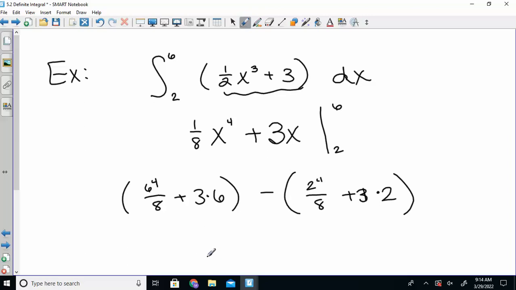What do you guys get? So that is the exact area under this curve between 2 and 6. Any questions so far?